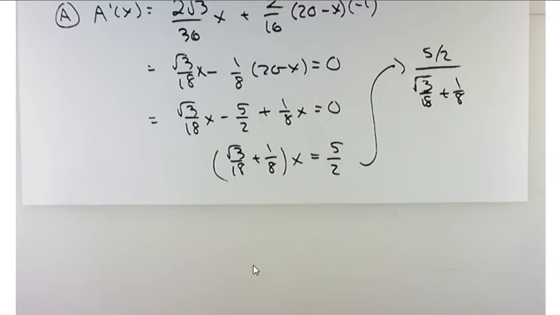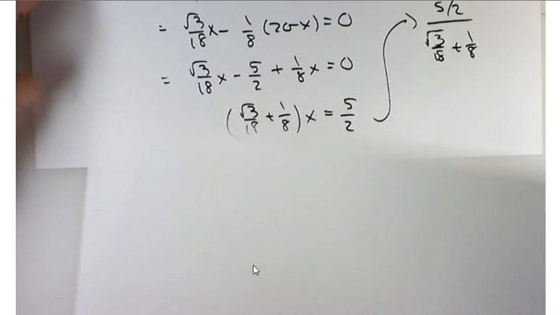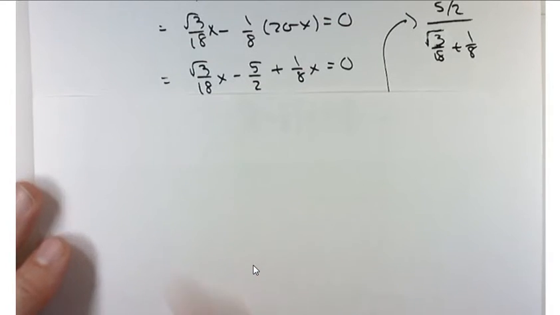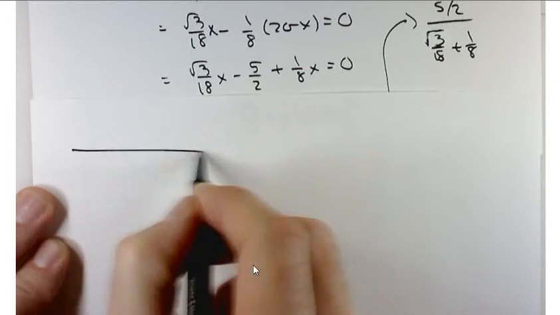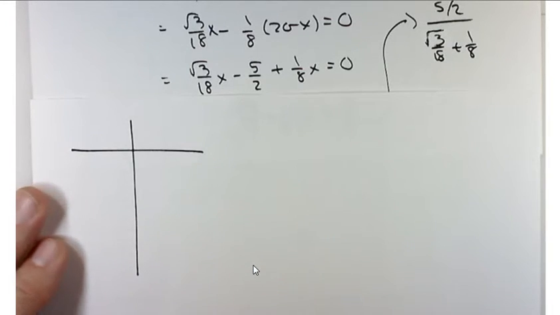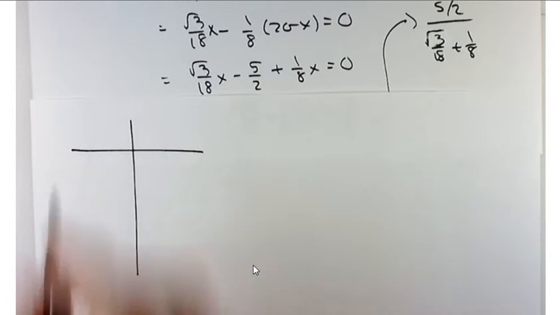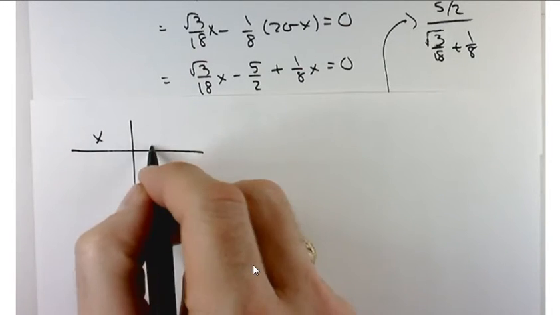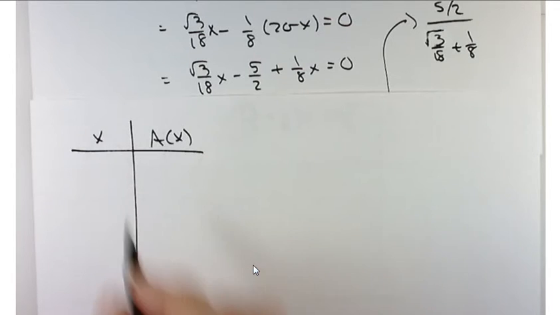Okay, so we're going to have to check the function at those points. I'd suggest you just make a little table and check them numerically. In the interest of time, I'm going to speed things up here for us. Here's our value of x. Here's our value of A of x. Unlike most of our problems here, we are going to test the endpoint.